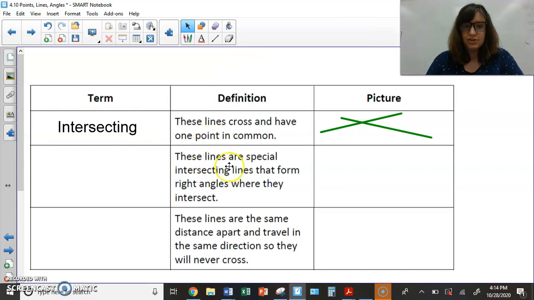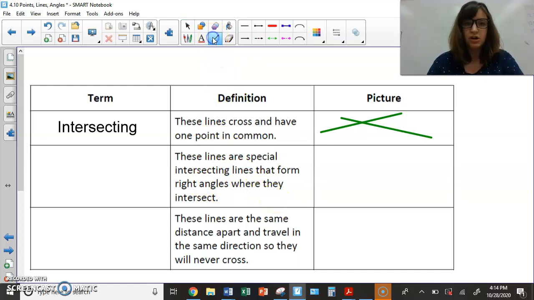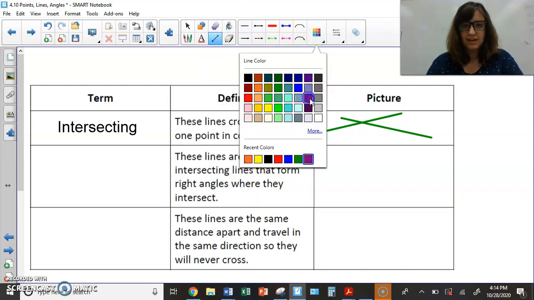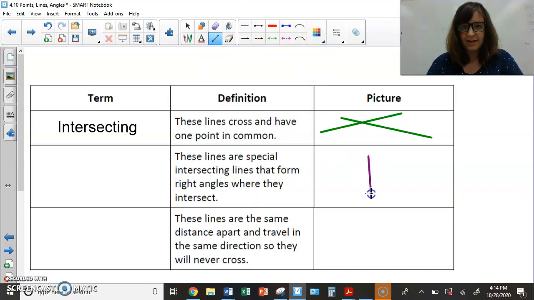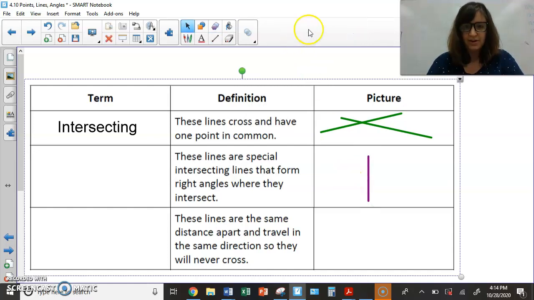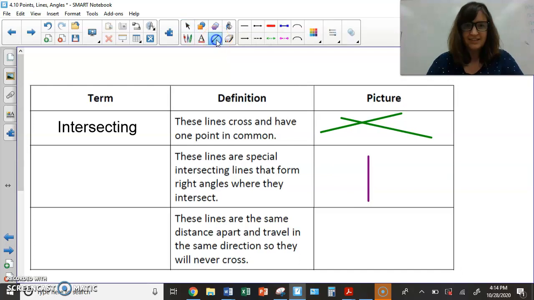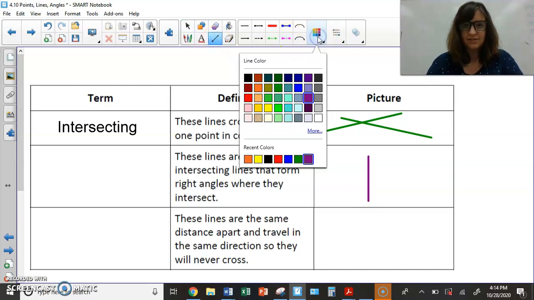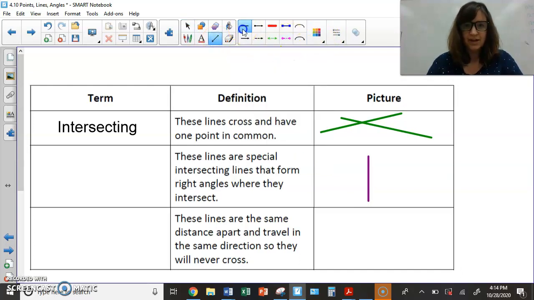These lines are special intersecting lines that form right angles where they intersect. So we just talked about right angles. So let's see right here, if we have a line segment like this, and then we have another line segment right here, okay? They are crossing at a perfect right angle, okay?